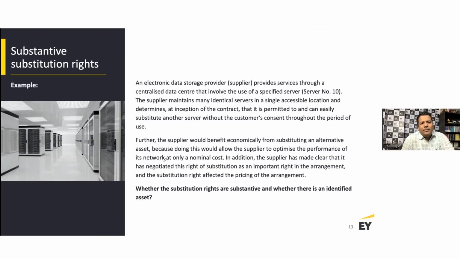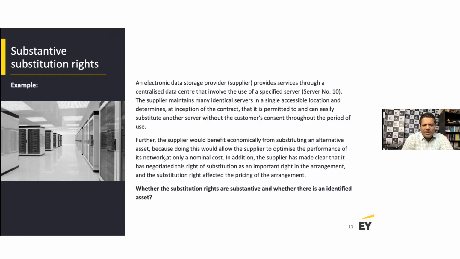The supplier maintains many identical servers in a single accessible location and determines at inception of the contract that it is permitted to and can easily substitute another server without the customer's consent throughout the period. It is like a data warehouse arrangement for you to host your data.